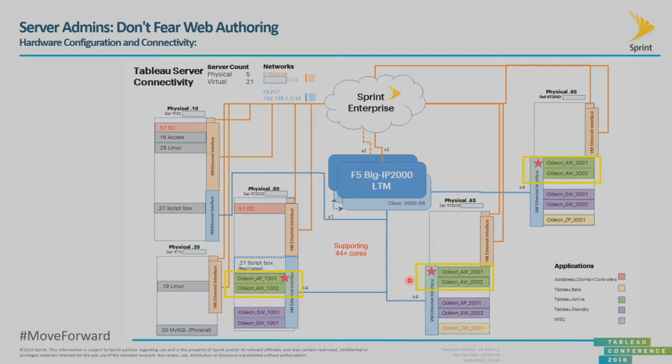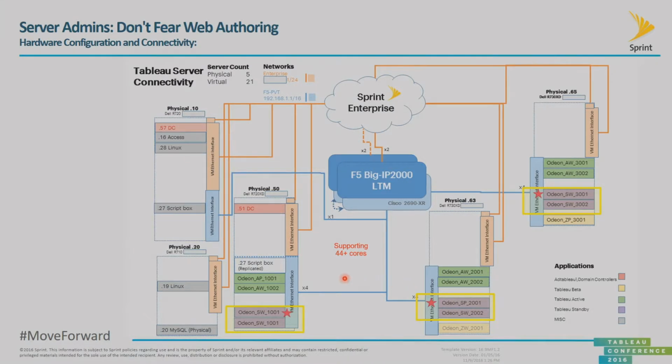So the benefit that we did here is I'm using 3 physical boxes 24/7. I don't have physical servers sitting there in a standby configuration waiting to be used. I'm not wasting any resources because my standby clusters actually sit on the same physicals, just different VMs. And each one of those has a gateway coming from each physical as well, going to the F5.